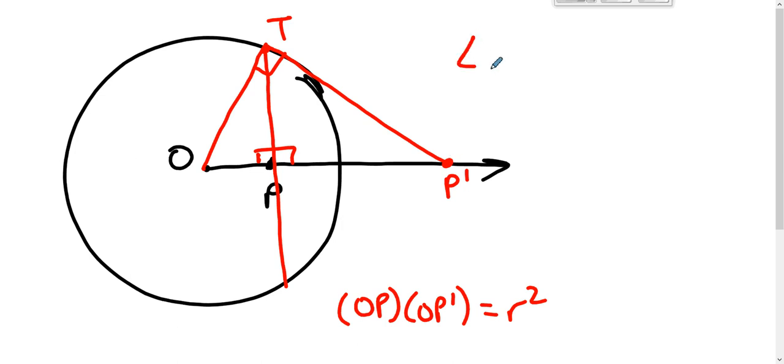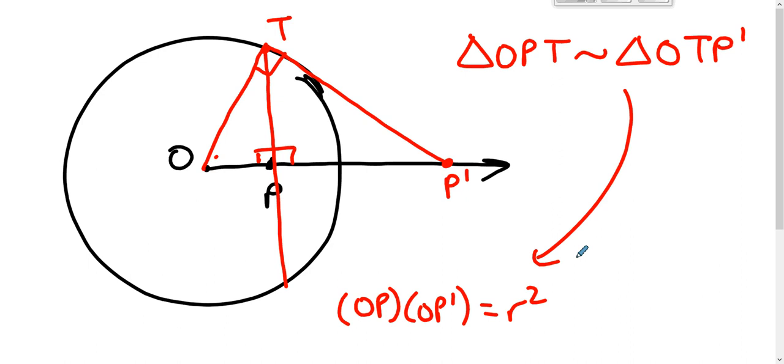I will note that triangle OPT is similar to triangle OTP prime. They share this angle, and both triangles are right triangles. So OPT is similar to OTP prime, and that's what drives this right here.